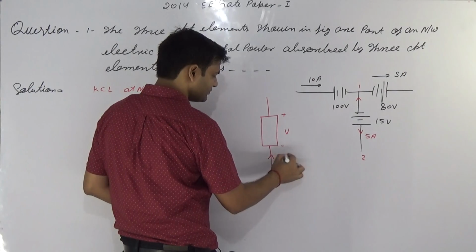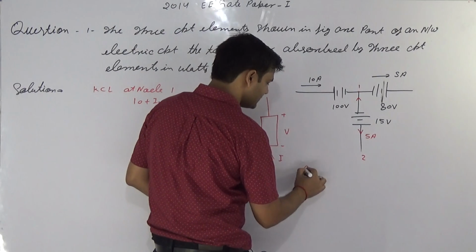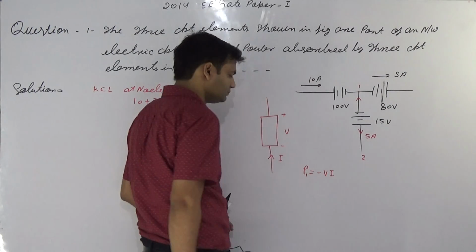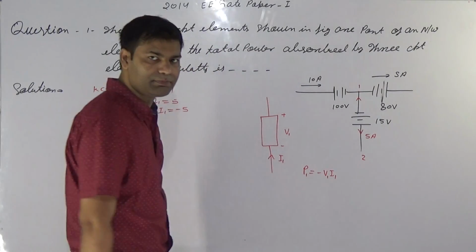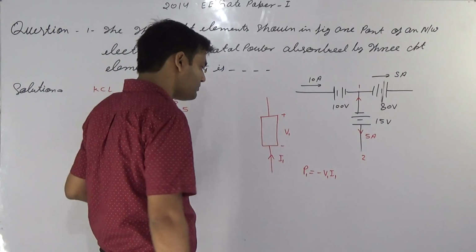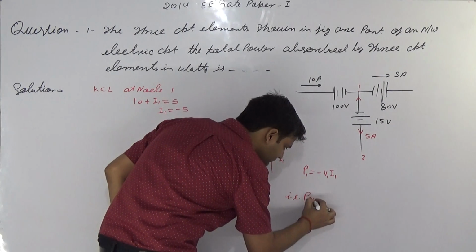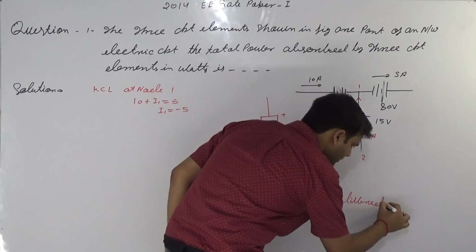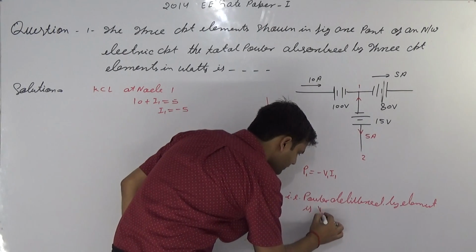If current flows from negative to positive, then power is delivered. Suppose this is I1, this is V1, so P1 equals minus V1 I1. Minus sign indicates power delivering, that is power delivered by the element is V1 I1.